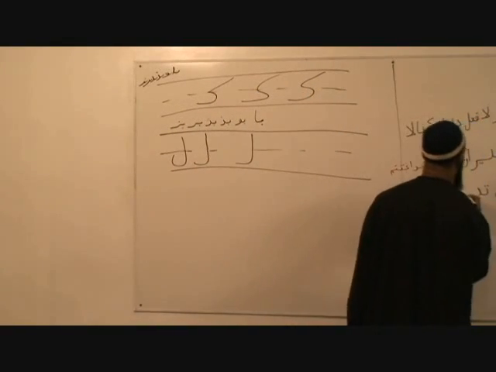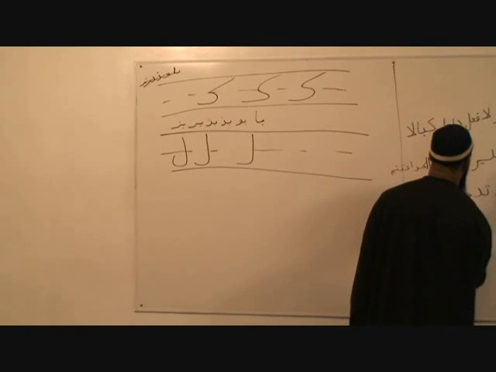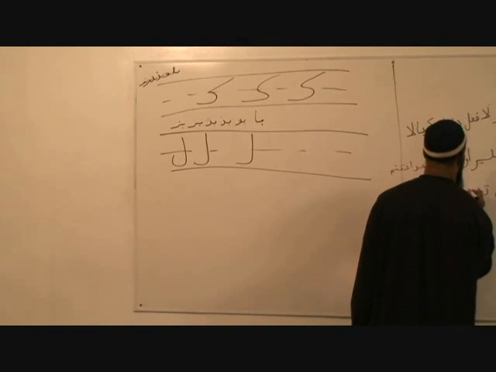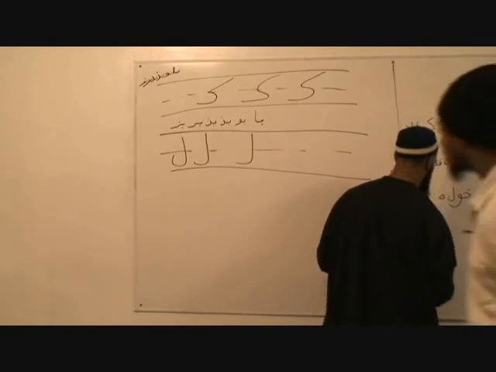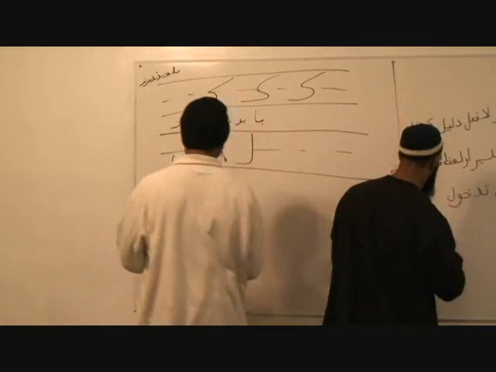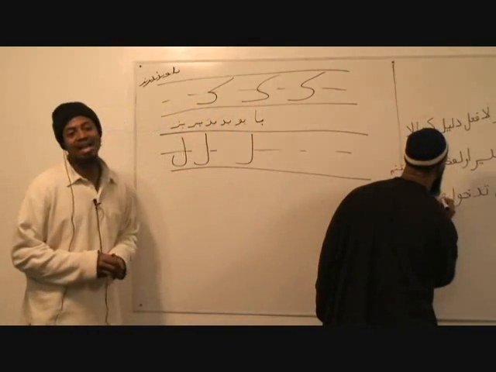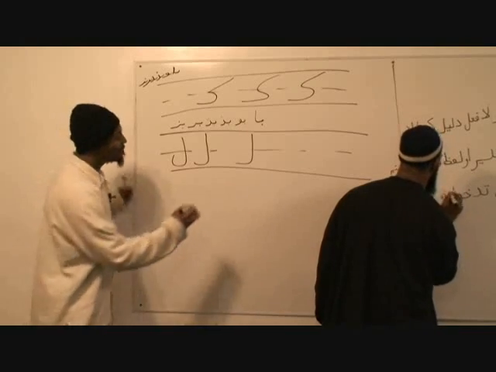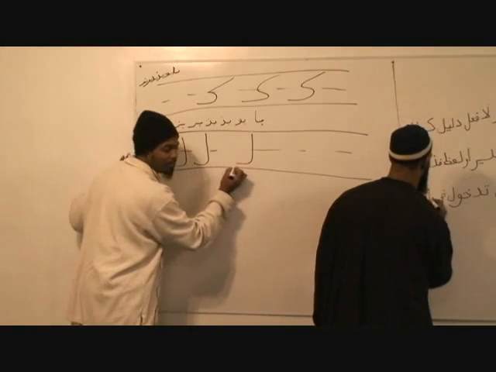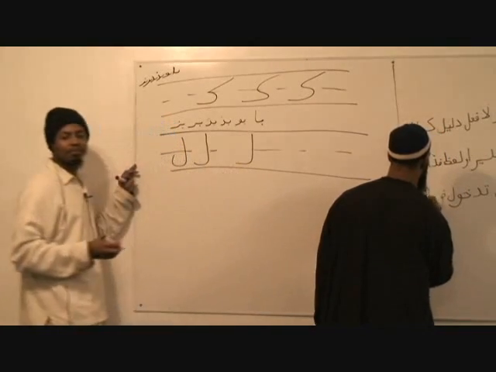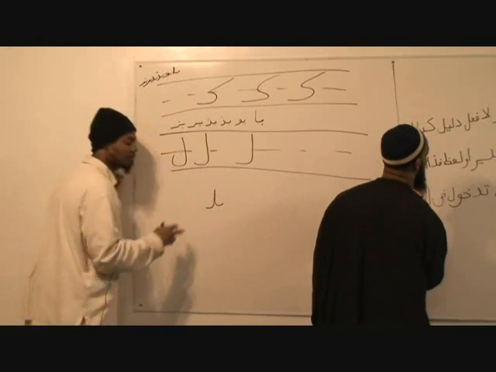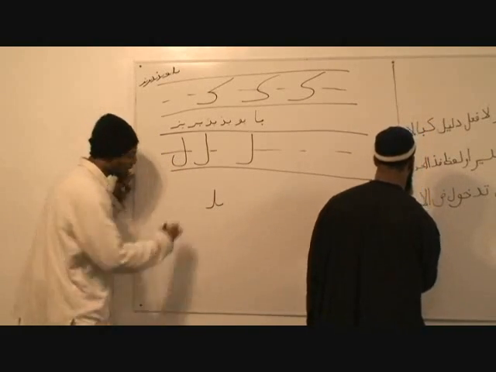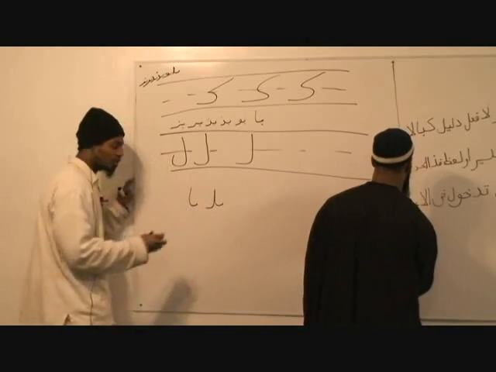Let's see, are there any more? No, there are no more. That's it. So lam is not a stubborn letter where alif is. Whenever you see a connector on the bottom, then you know that's lam. So lam is written like this, whereas alif is written like this.